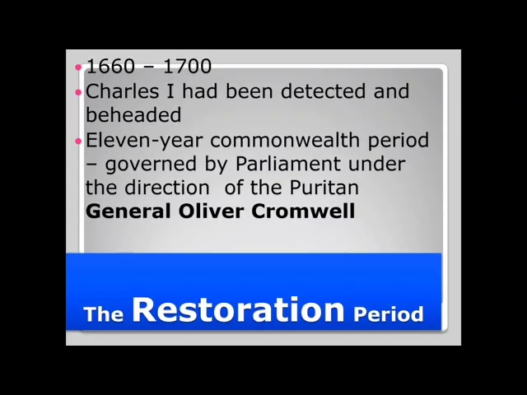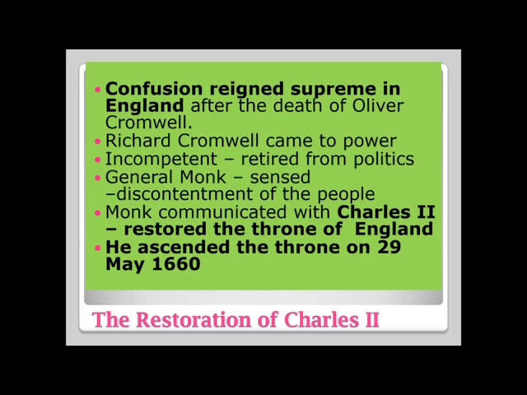During this period, the Parliament governed under the direction of the Puritan General Oliver Cromwell. Confusion reigned supreme in England after the death of Oliver Cromwell. So Richard Cromwell, the son of Cromwell, came to power, but he was incompetent and wanted to retire from politics.